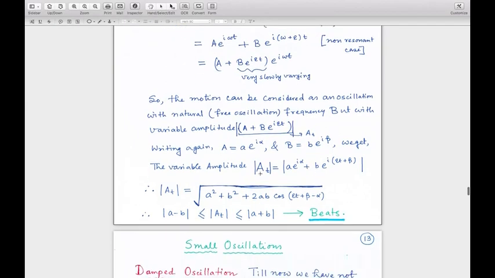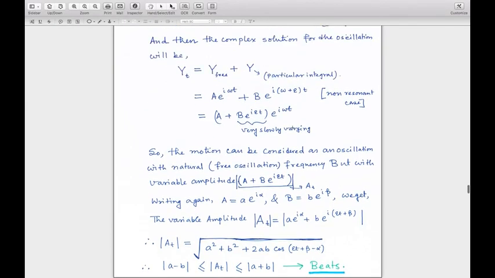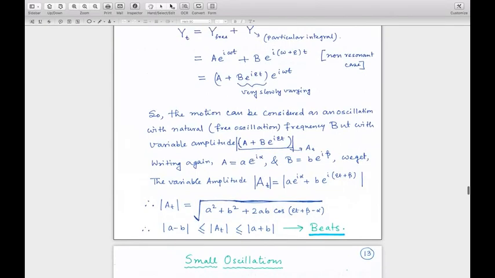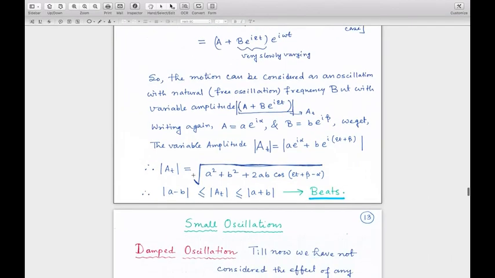Then the total modulus, that is the amplitude, will be the modulus of a e to the power i alpha plus b e to the power i (epsilon t plus beta), and this will be nothing but root over a square plus b square plus 2ab cos(epsilon t plus beta minus alpha).